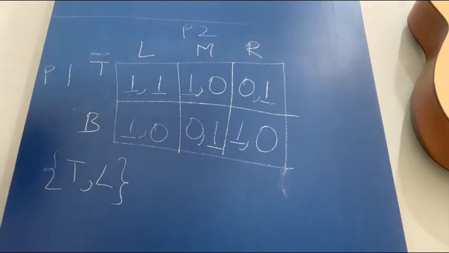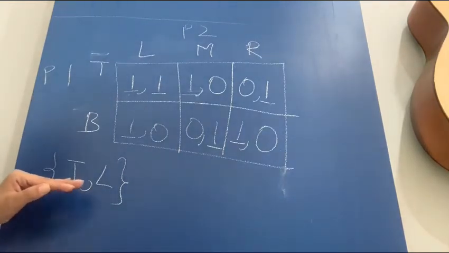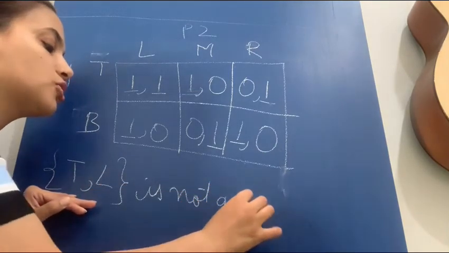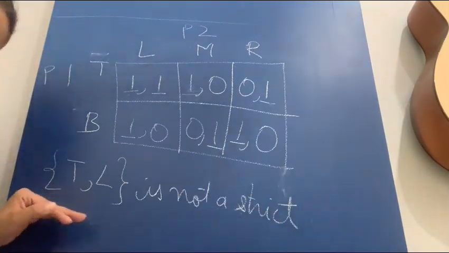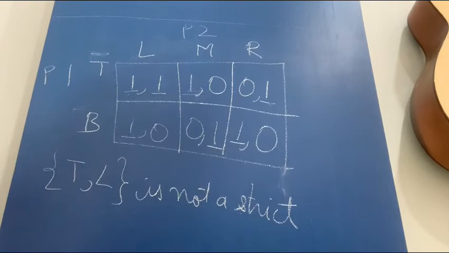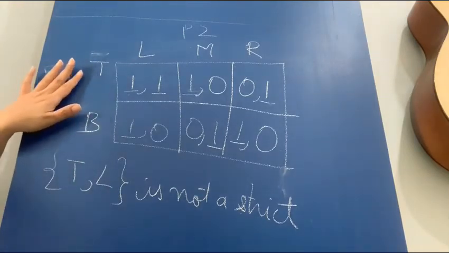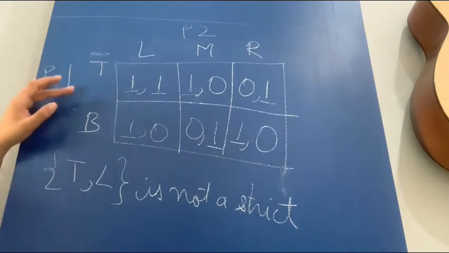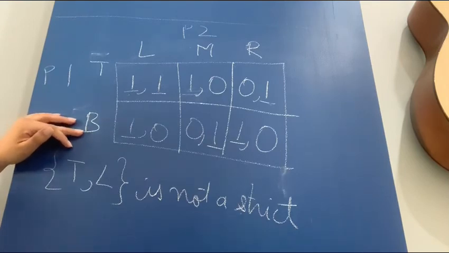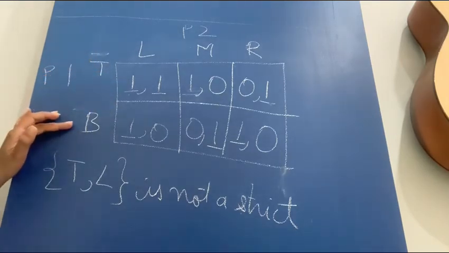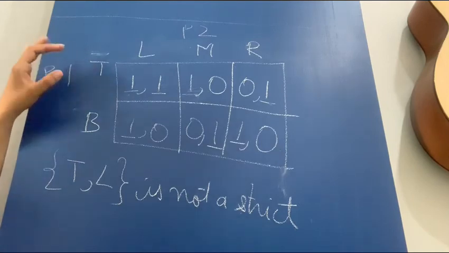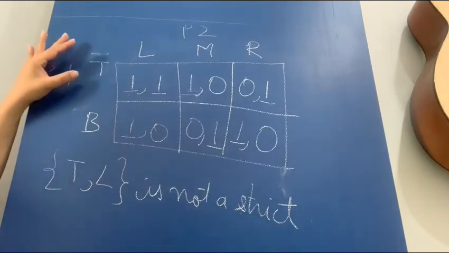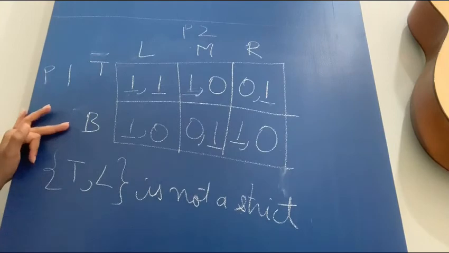But if you look carefully, this T and L is a Nash equilibrium, but it is not a strict Nash. When we say strict Nash, we mean that if in this particular game player 1 deviates from his Nash strategy of playing T and plays B rather than T, then player 1 will not be any worse off because the payoffs are the same. So the Nash equilibrium strategy of player 1, which is T, is not making him any better off, and he is indifferent between the Nash strategy and the non-Nash action here.